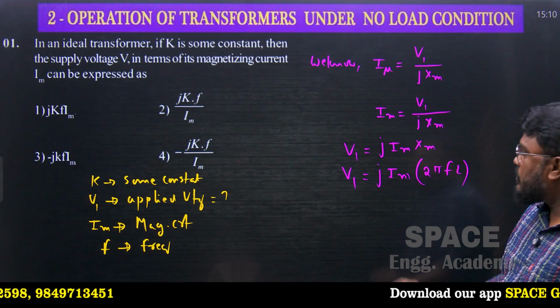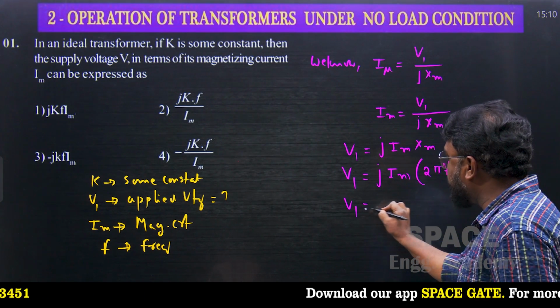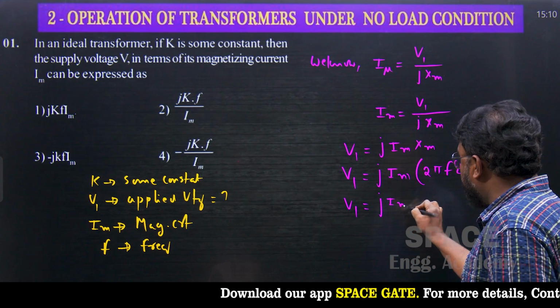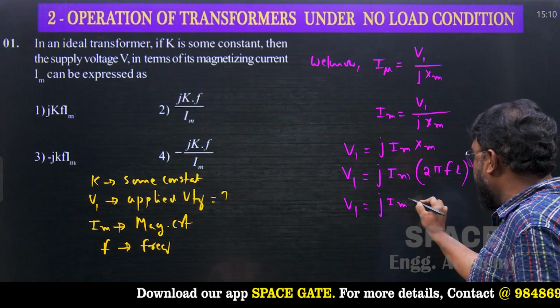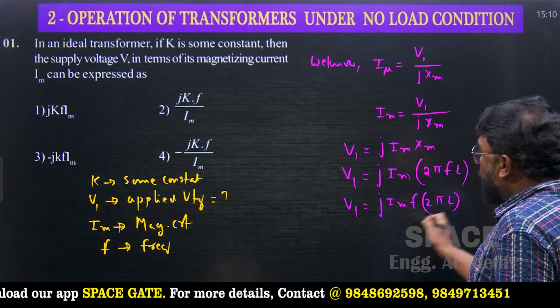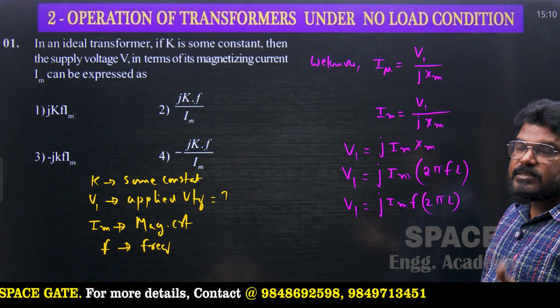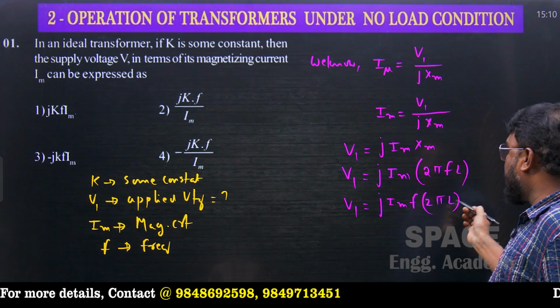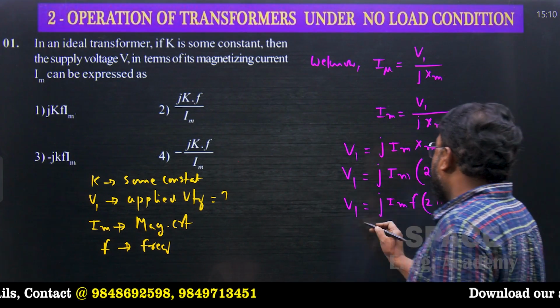So V is equal to j Im, with f, and you can write 2 pi L, and this 2 pi L is a constant: pi is a finite value, L is an inductance, and 2 is a constant.